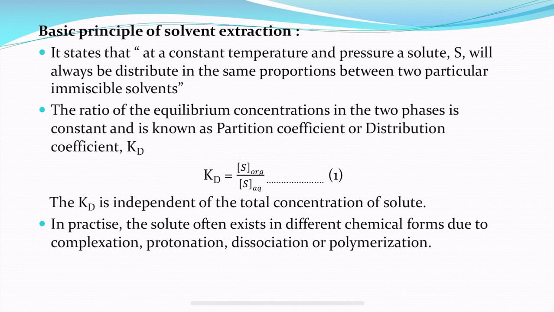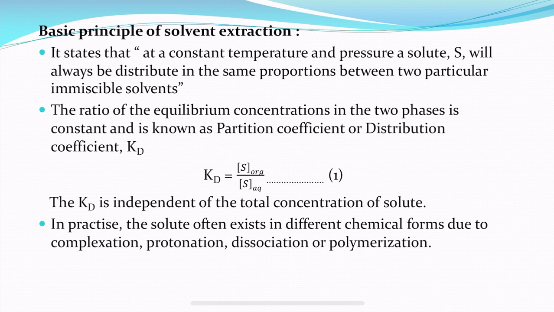One will be an organic solvent and the other an aqueous solvent. There we can clearly see the separation of the organic solvent and the aqueous solvent. Such liquids are called immiscible: they are not miscible, they will not combine with each other, they are not soluble in each other. That is why they form immiscible liquids.